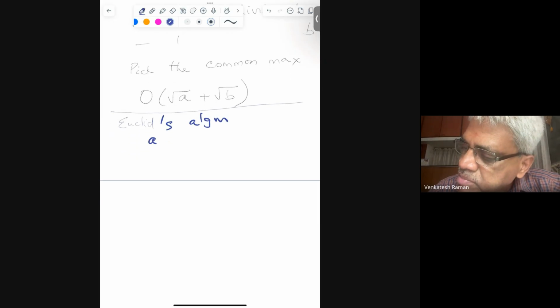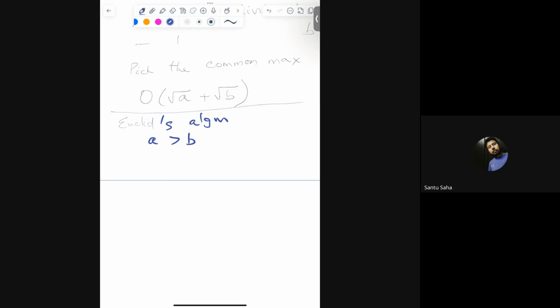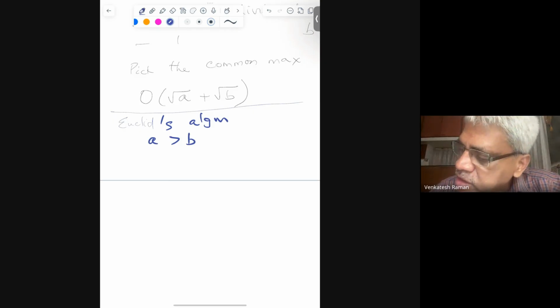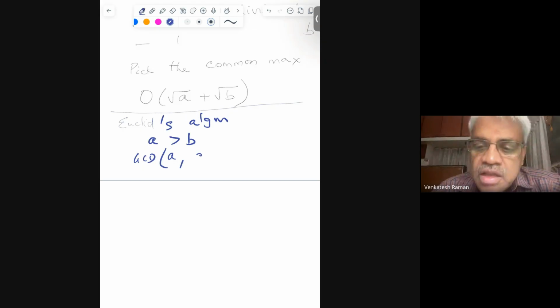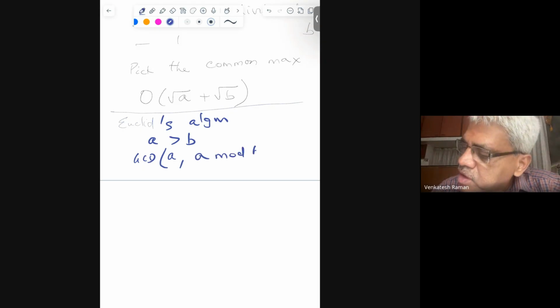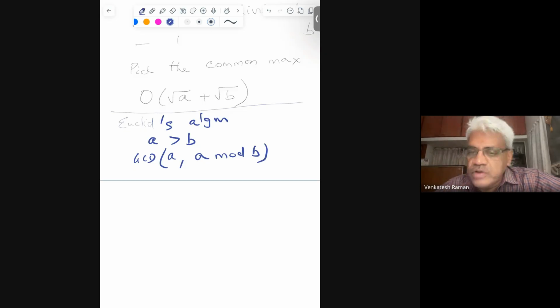Suppose A is bigger than B. Then you take the remainder, A mod B, so it will be GCD of A and A mod B. Your first step is to take A, divide by B, and find the remainder.